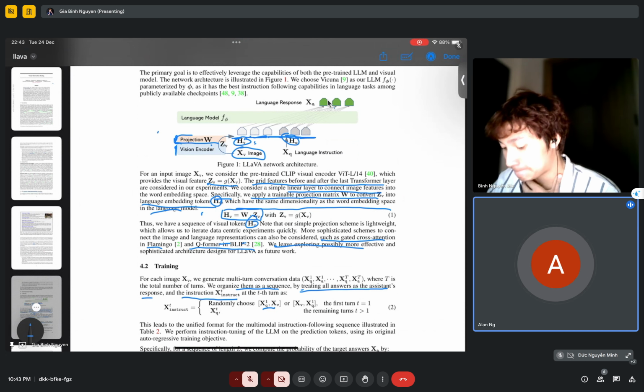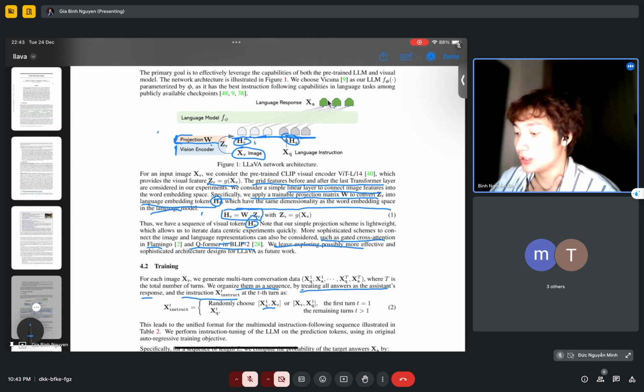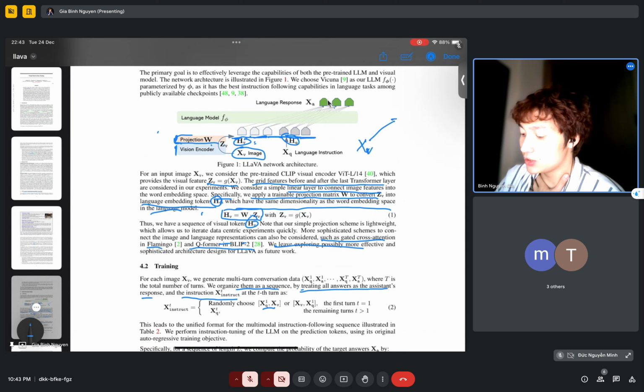So the projection will turn the concatenated embedding into some kind of language embedding token. It's like the vision encoder will receive the image XV and project it to some Z space, I think a latent space, and now we have the H space, which is the space of language.